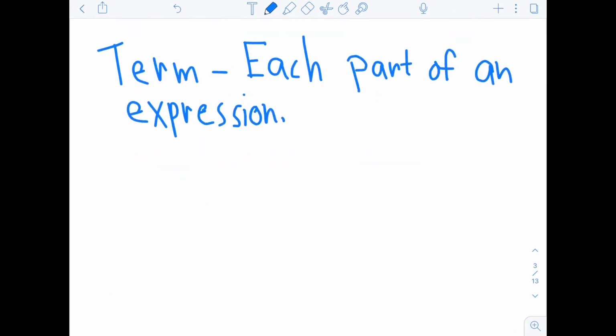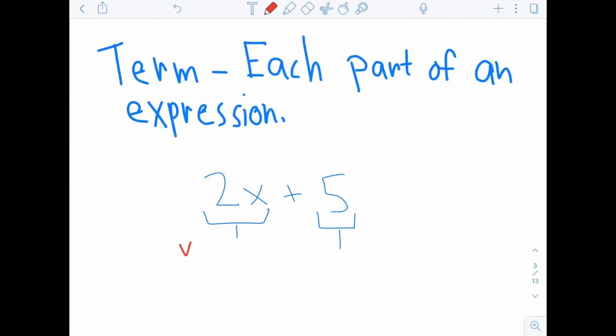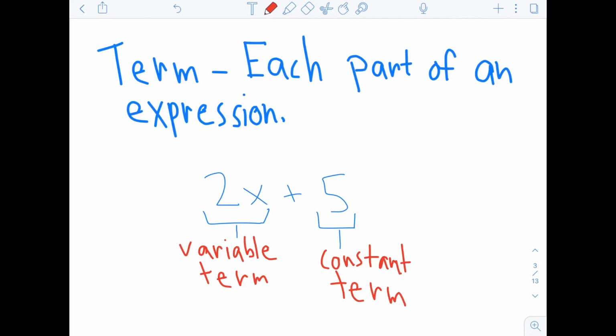Now a term is just a part of an expression. So if you have 2x plus 5, 2x and 5 are both terms. So 2x is called the variable term because it has a variable in it, x, and 5 is called the constant term because it doesn't have the variable in it.